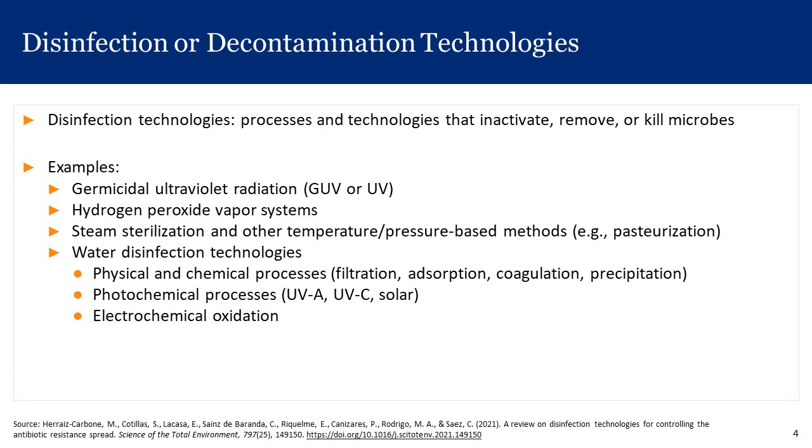And some of these can even be operationalized in low-income settings. For example, the use of solar activity as a water disinfectant for drinking water. Electrochemical oxidation is also increasingly used. And so some of these technologies may combine different kinds of approaches in order to provide the decontamination that's needed.